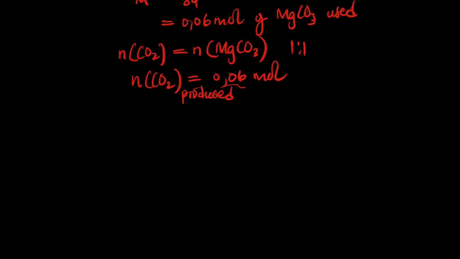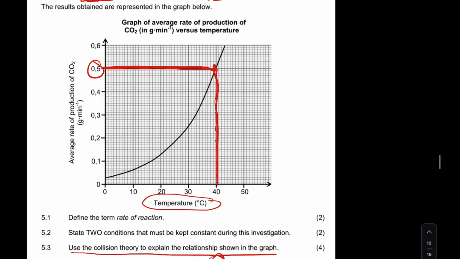Before we do the rate calculation, we have to change this number of moles of carbon dioxide into mass, because the rate that we're given at this 40 °C temperature is 0.5 gram per minute.